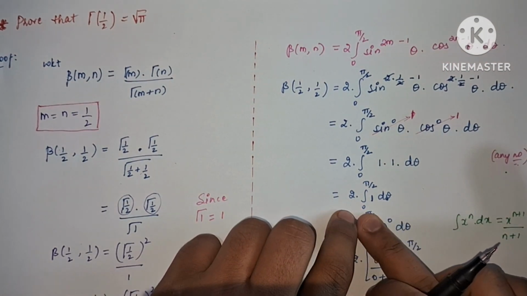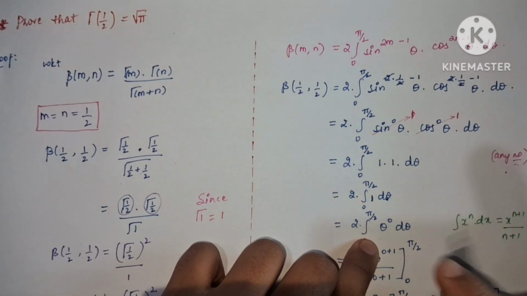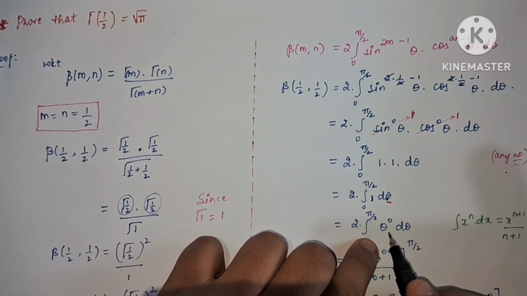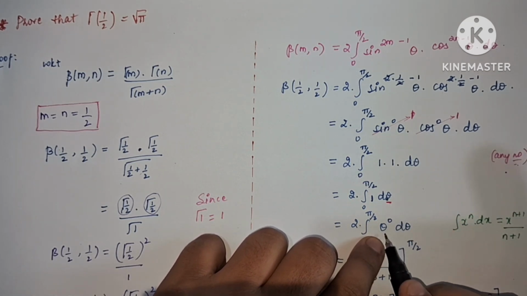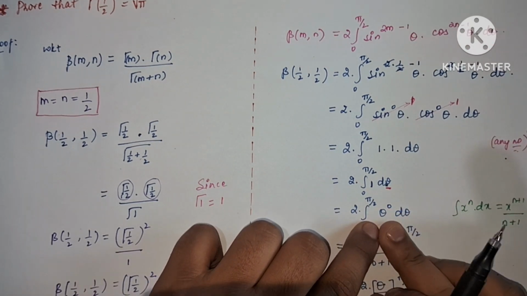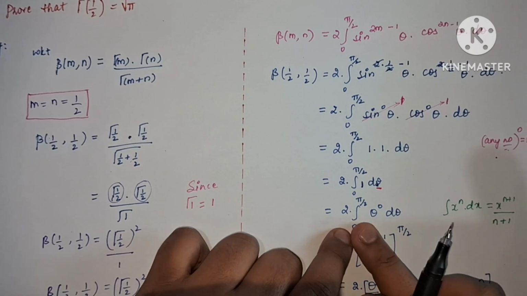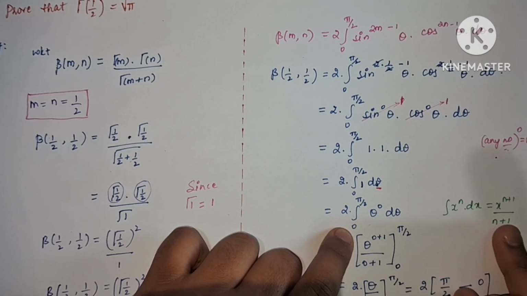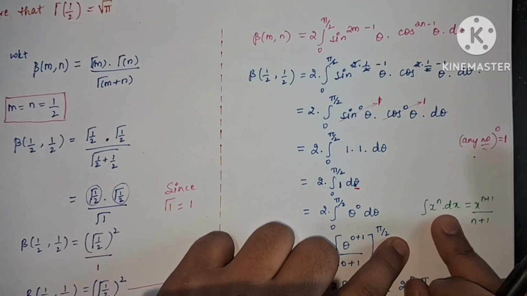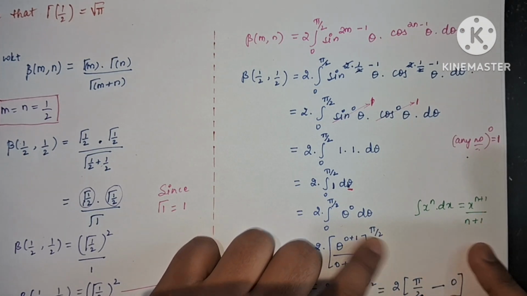Any integrand with 1 over here, we consider it as any number to the power 0. Which variable do we have here? Theta. So I'll take that number as theta, theta to the power 0. This can be considered as integral x to the power n dx. So I am considering this formula here: integral x to the power n dx is given by x to the power n plus 1 whole divided by n plus 1.